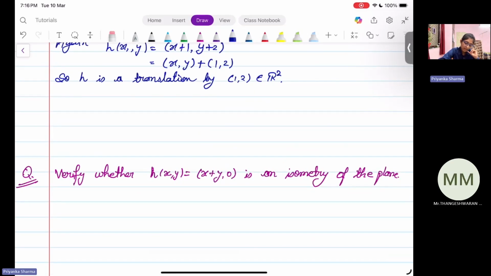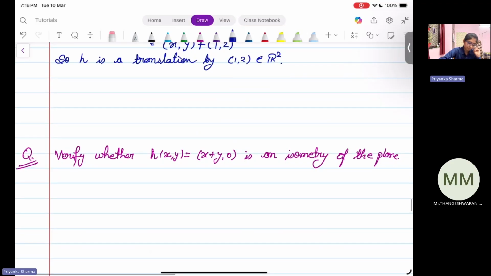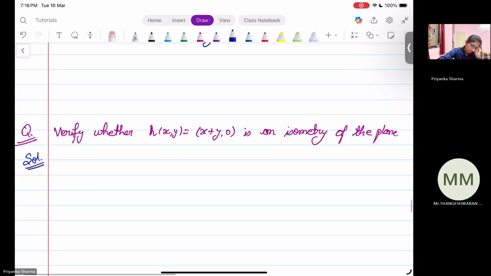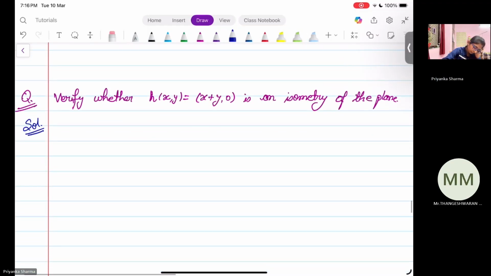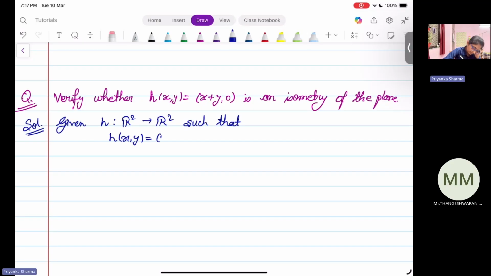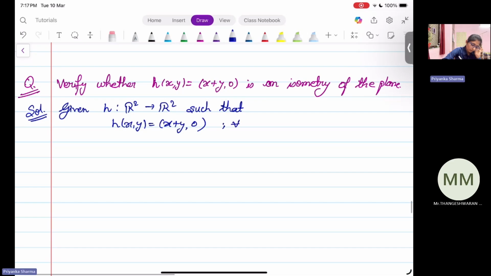Verify whether this is an isometry of the plane or not. So given H from R square to R square such that H(x, y) is (x plus 5, 0) for all x and y belonging to R square.